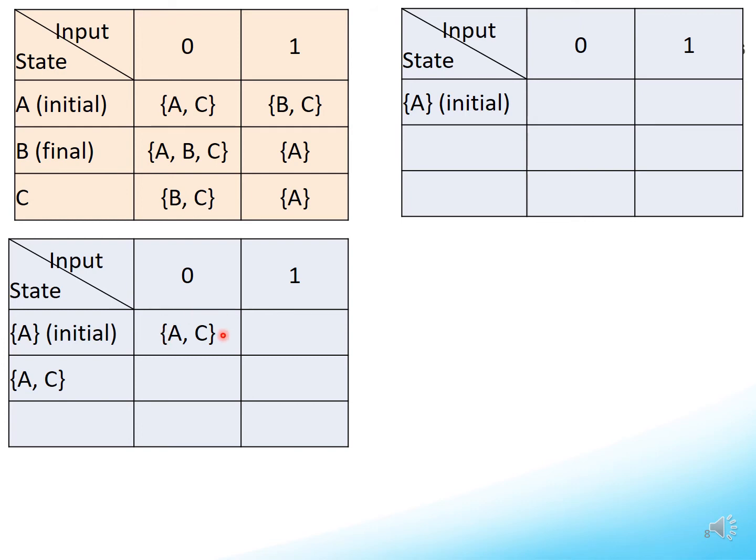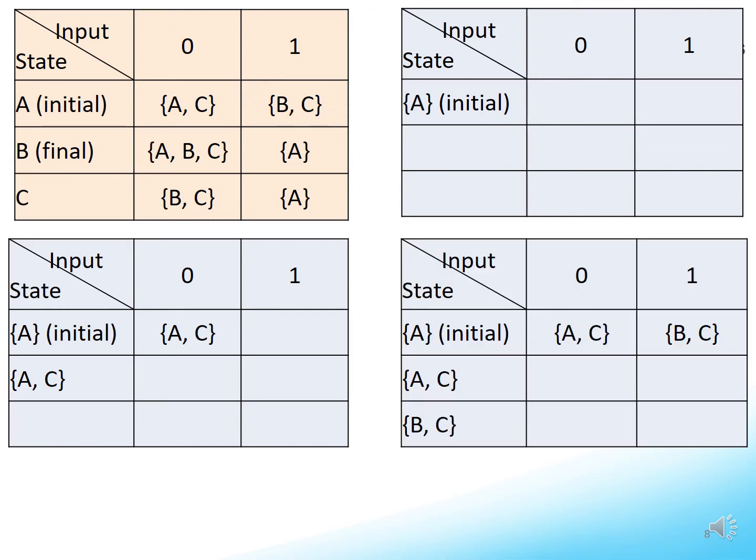Since this AC is a new state for machine M2, later on we need to consider the transition for this particular state. Then we consider the transition for A on input 1. Well, it will be BC.